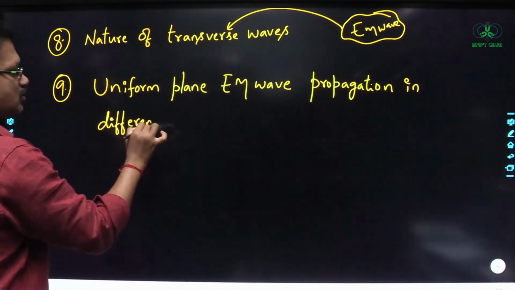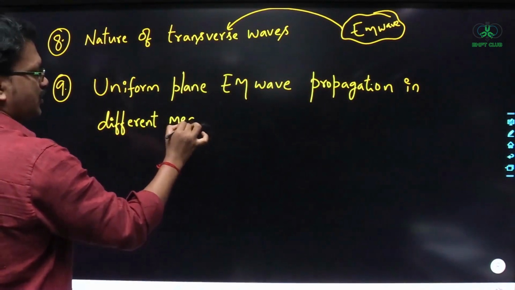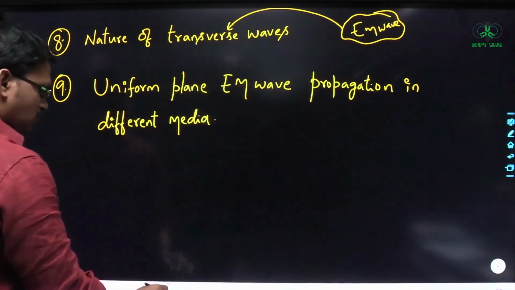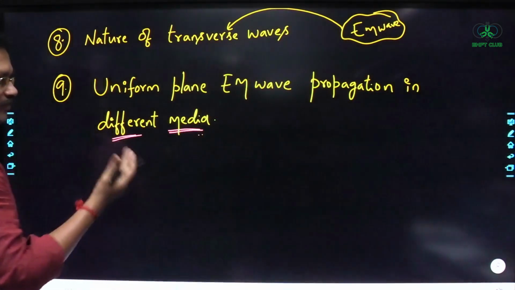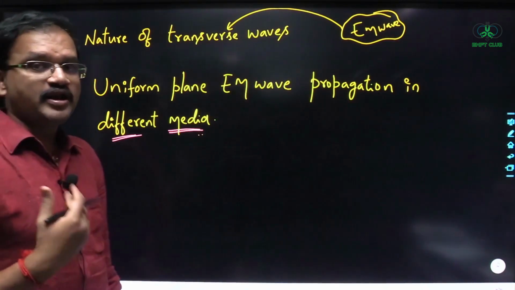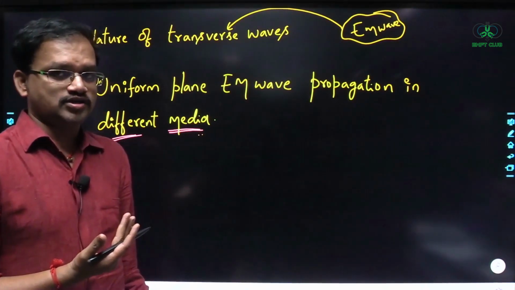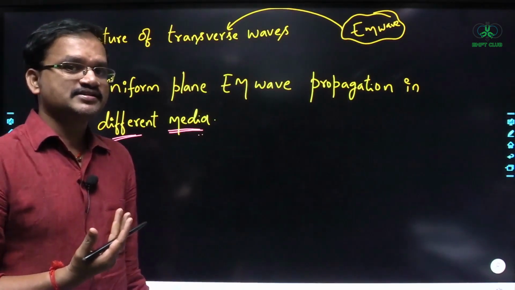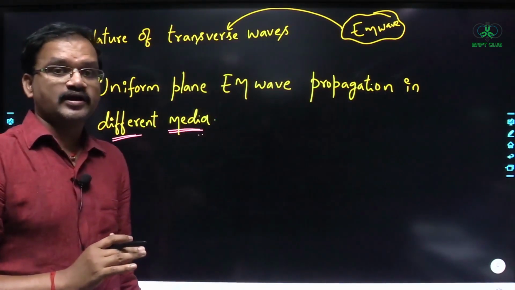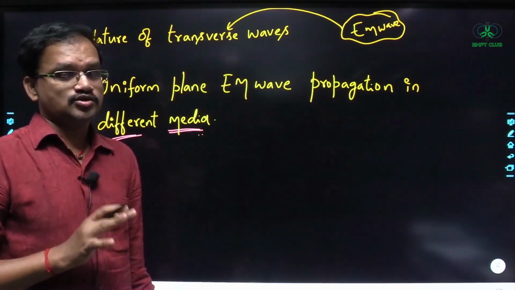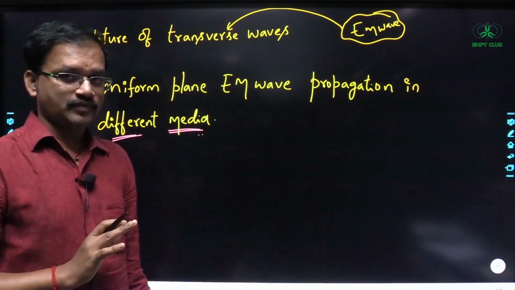So as we move from one medium to another medium, if you change the medium, then the medium characteristics are going to change. Once the medium characteristics change, how will the propagation characteristics of the electromagnetic wave change? That's what we are going to study, okay?